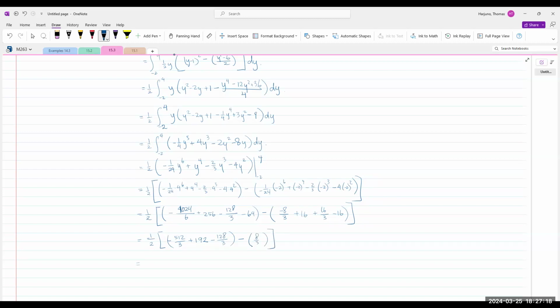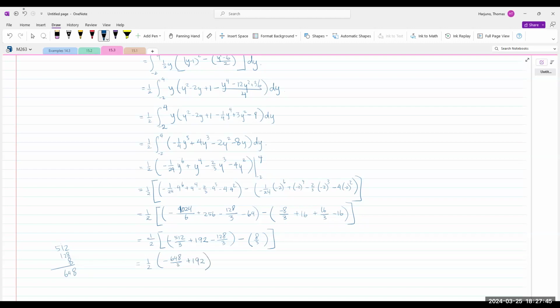Okay. So this will be what? So negative 512, 128, and then 8. That's negative 648 over 3 plus 192.